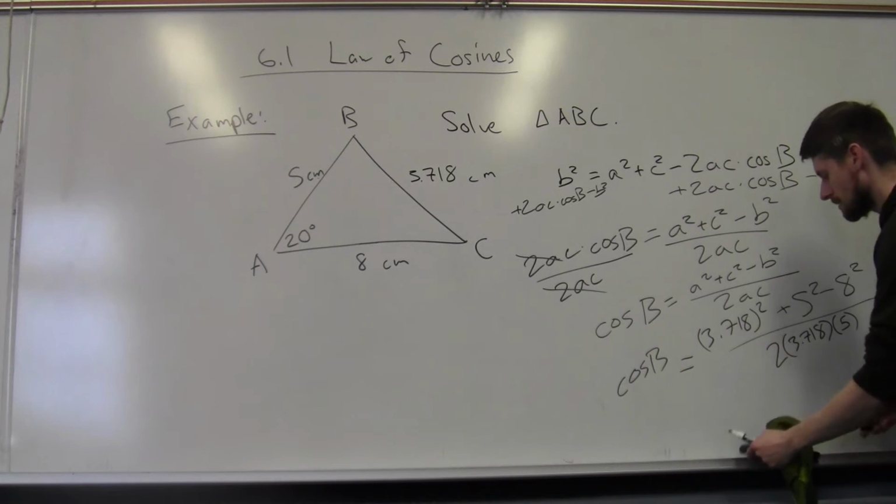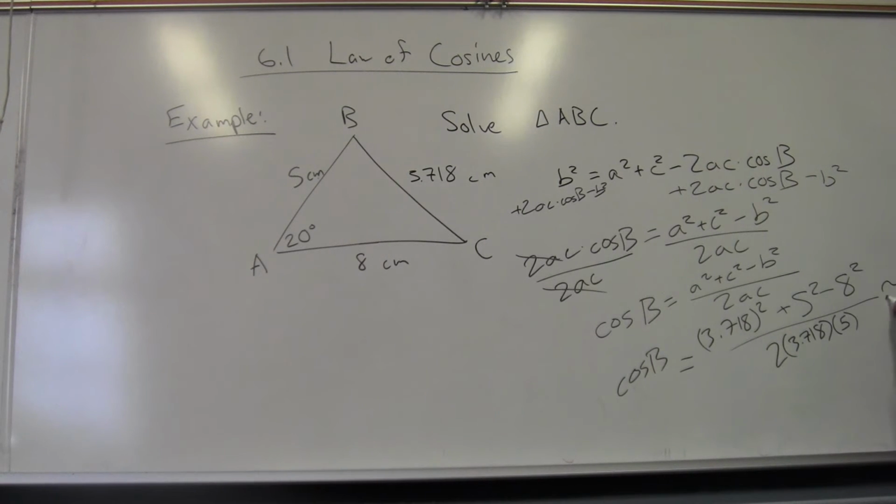So we're going to calculate this number and get what it's approximately equal to, and then take the inverse cosine. We have a squared plus 5 squared minus 8 squared, and all divided by 2 times a times 5.